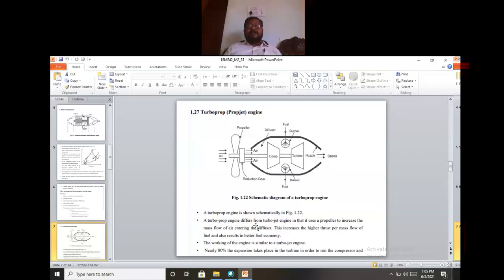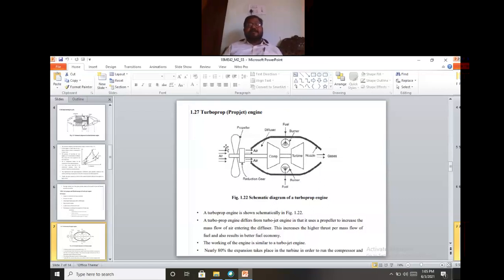The turbo propeller engine differs from the turbojet engine in that it uses the propeller to increase the mass flow entering the diffuser. That is why it is called a turbo propeller engine. This gives high thrust per mass flow of fuel and also results in better fuel economy.